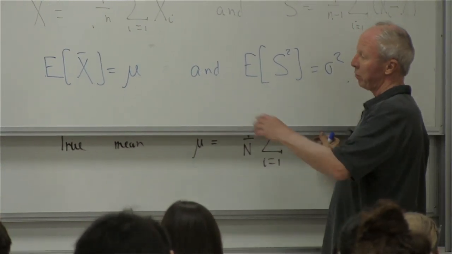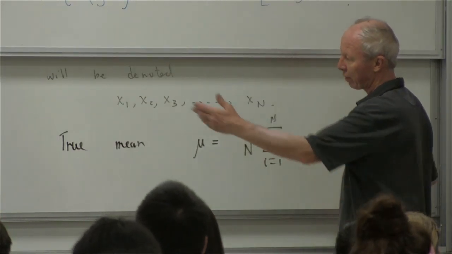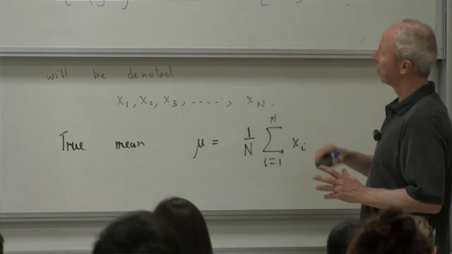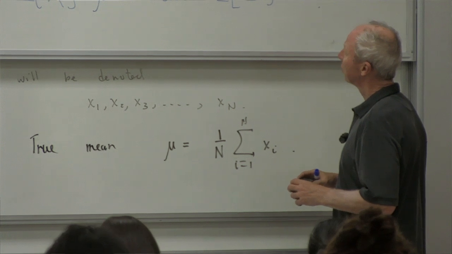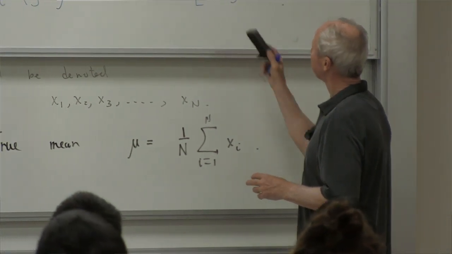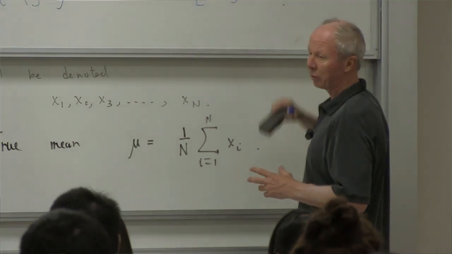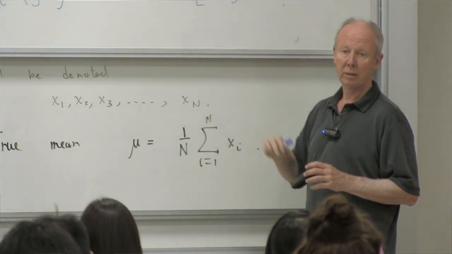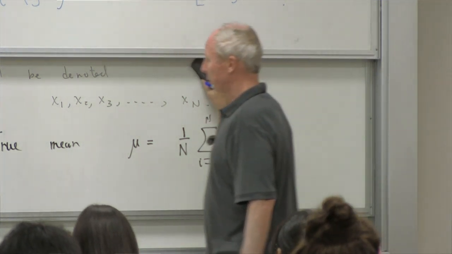If you take expectation, meaning take the expected value over all selections, the expected value of x bar will be the true mean, and the expected value of the sample variance will be the true variance. This I'll leave as an exercise. Or maybe I'll do it, I don't know.